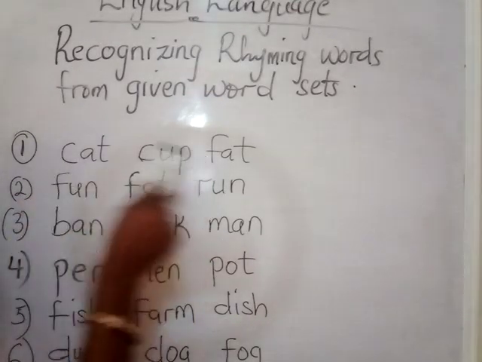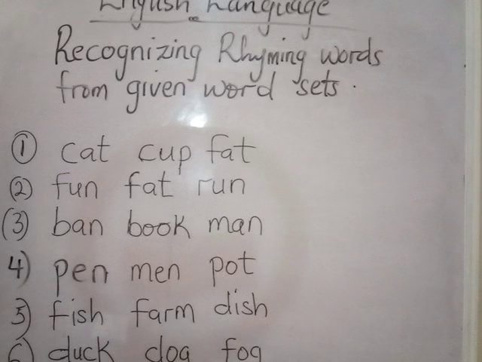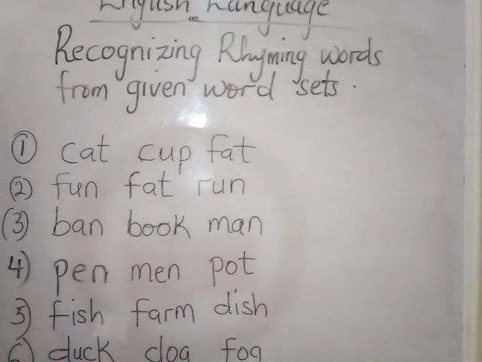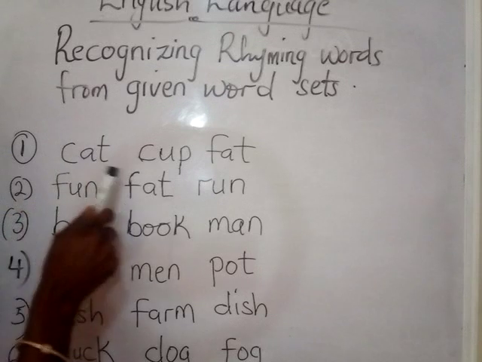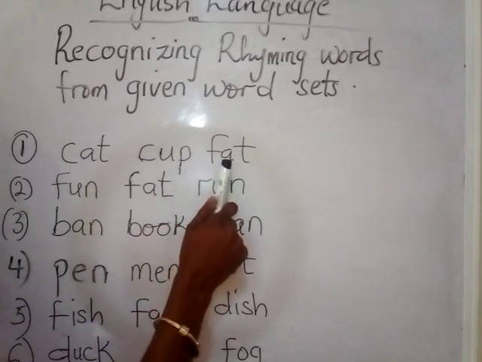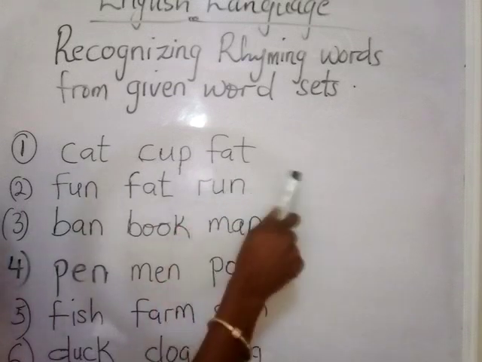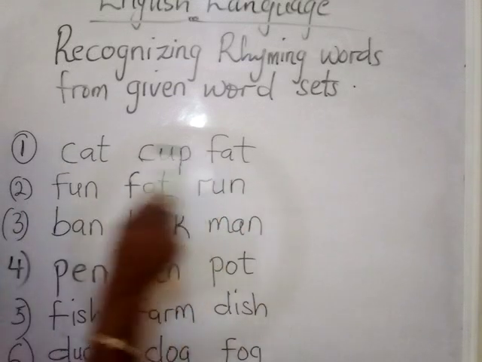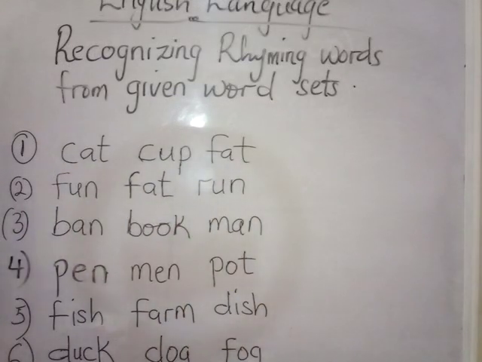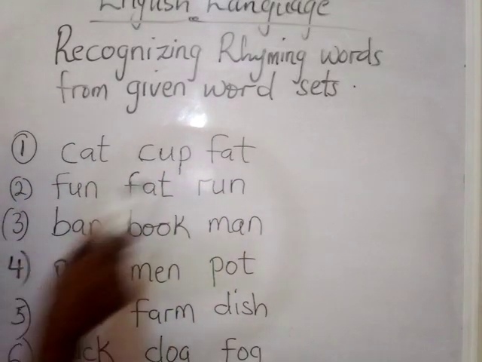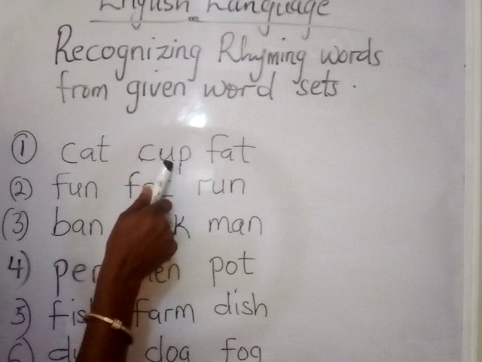No, we're looking at the ending sounds. If you remove the k and remove the f, you have at. So they sound alike. That means cat and fat rhyme, but cat and cup do not rhyme.